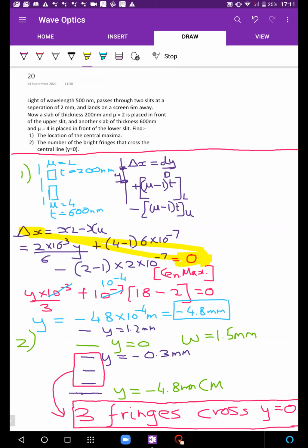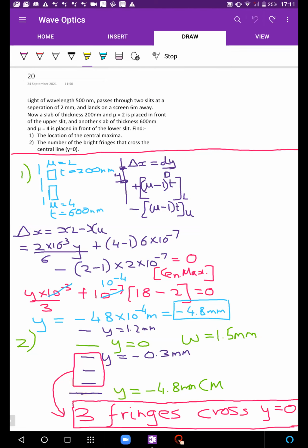So you need to see कि अच्छा पहले central maxima इधर था. Now the central maxima is there. So between the central maxima and this line I can see 3 maximas. Matlab central maxima moved away from that line, and 3 maximas which were below that central line have gone up and crossed the central maxima.